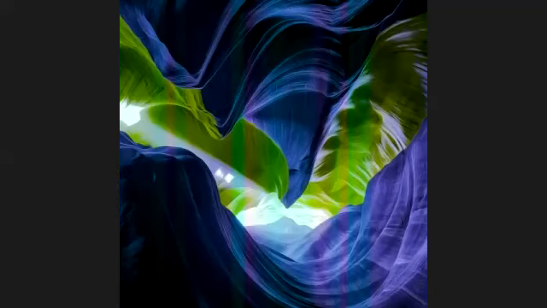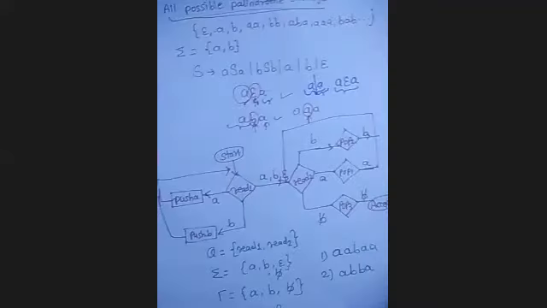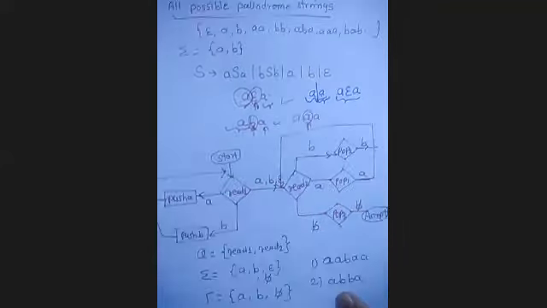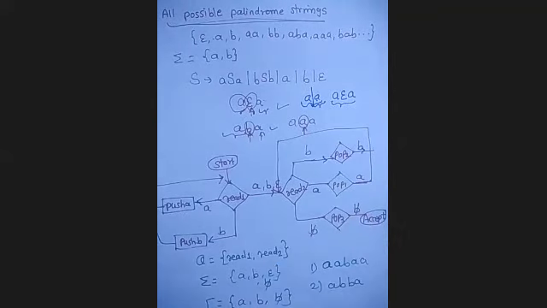So now my question here is that this is an NPDA. Can you design the DPDA for this example? What can be done? Or whether there exists a DPDA for this example?